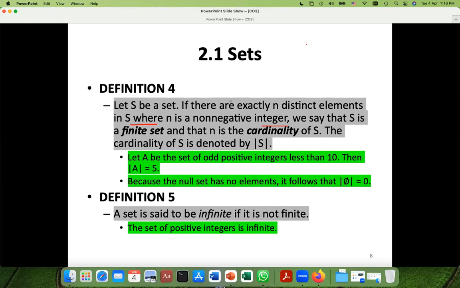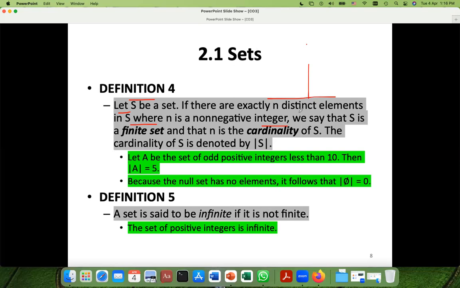So now the definition. If there are exactly n distinct elements, distinct means different, in S, which we have supposed here, and n is what? N is a non-negative integer.